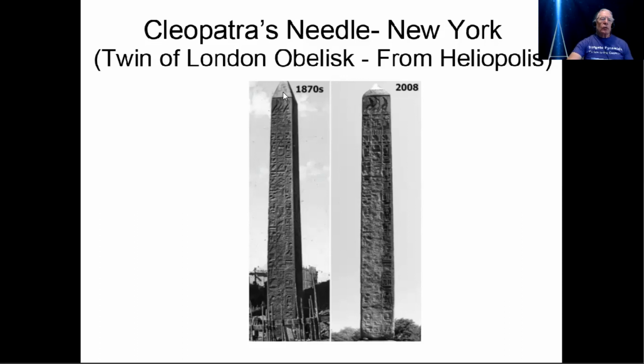If you look at a picture from the 1870s when it was originally constructed, and the top of the obelisk now, you can see that there's been some deterioration in the top of that obelisk. That was rectified in a recent reconstruction and rehabilitation of the obelisk.